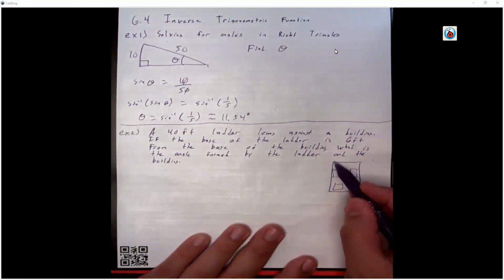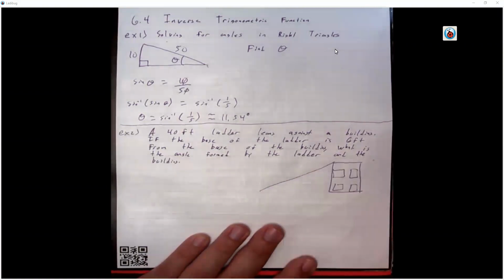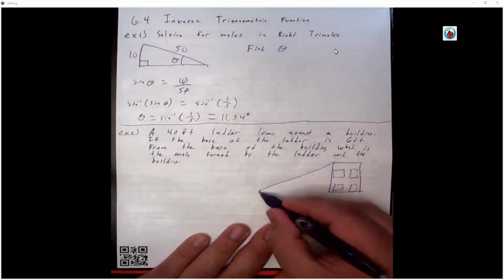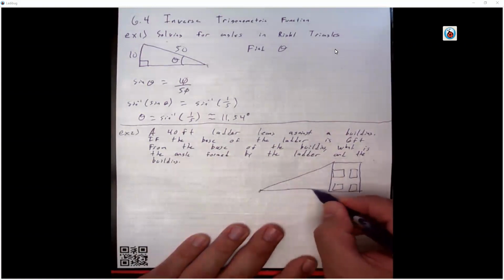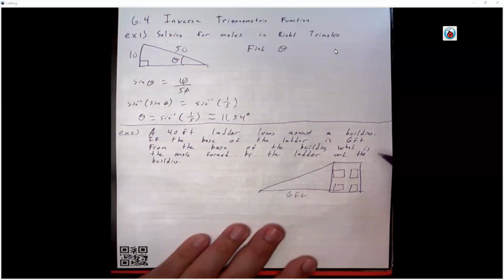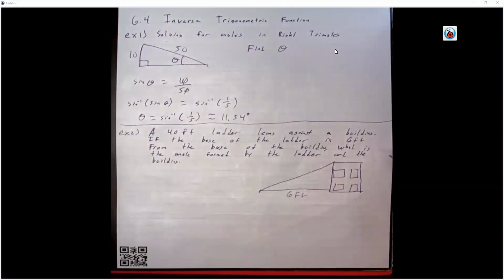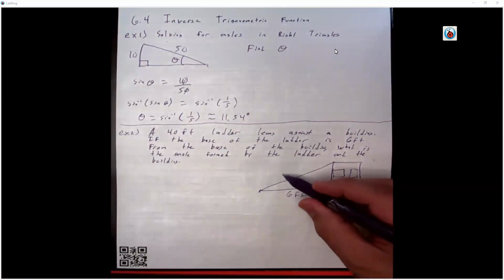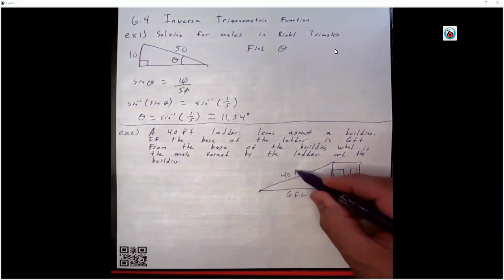Got a 40-foot ladder on there. And the base of the ladder is 6 feet away, right? It's not drawn to scale. How long is the ladder? So you would put the 40 right there, right?